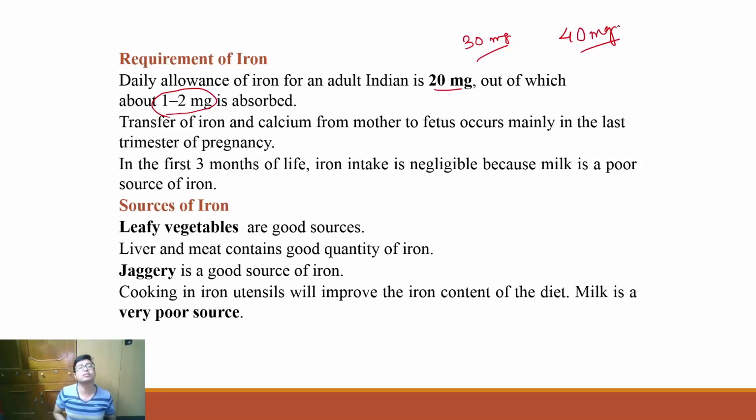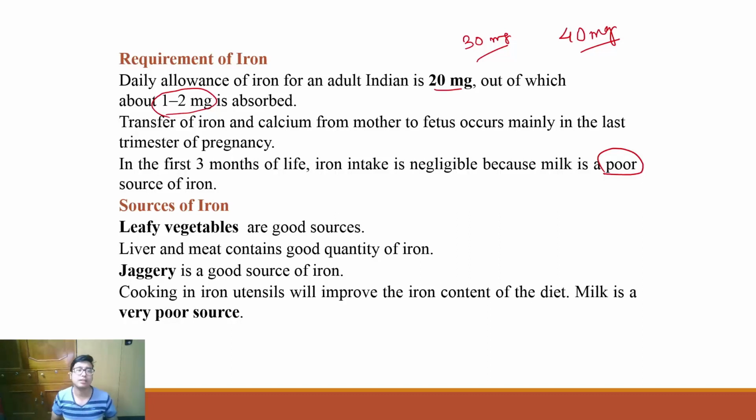Ideally WHO says it should be for the first 6 months, but at least for the first 3 months it is only milk, and milk is a very, very poor source of iron. That is why the fetus needs iron, because it will not get it from milk. So all the iron that is needed for bone growth, bone marrow growth, and increased blood cell growth is already present in the fetus.